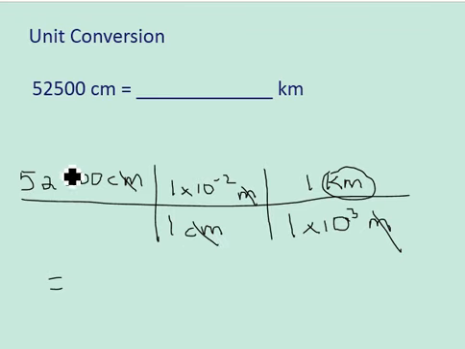Now I just have to do the math. This guy times this guy times this guy divided by this guy times this guy. Please watch your calculator with order of operations when you start doing some of these things. So this should get me 52500 kilometers.